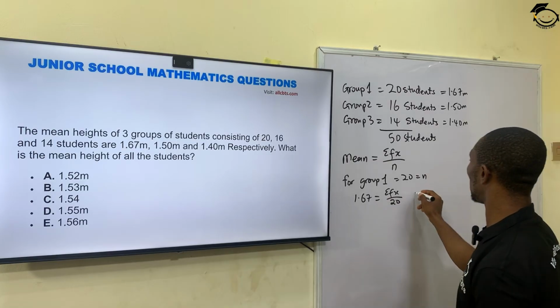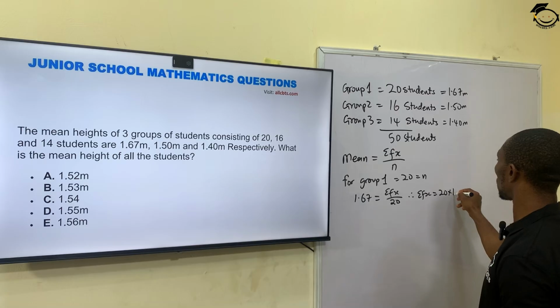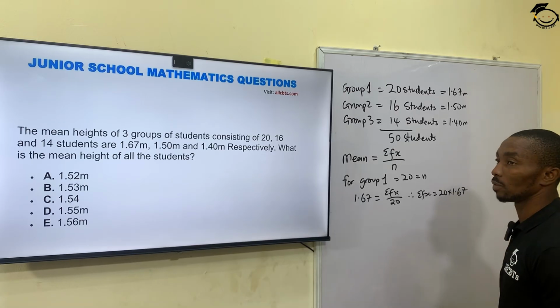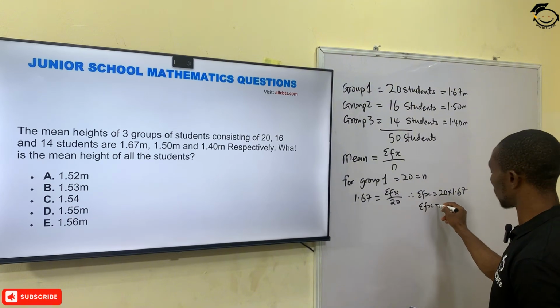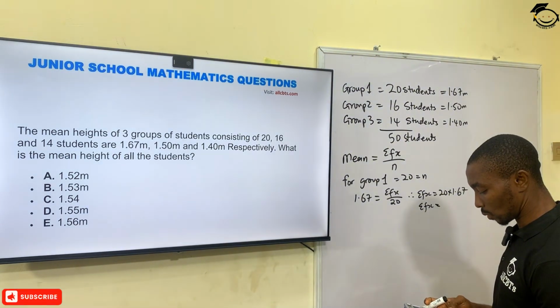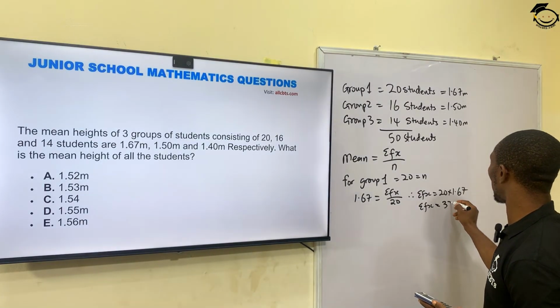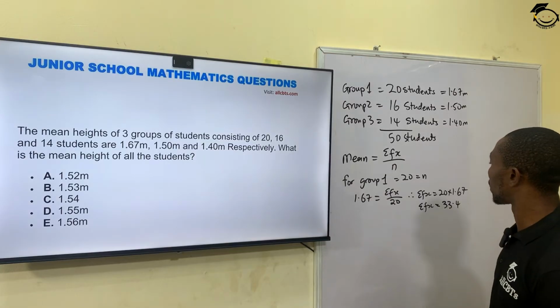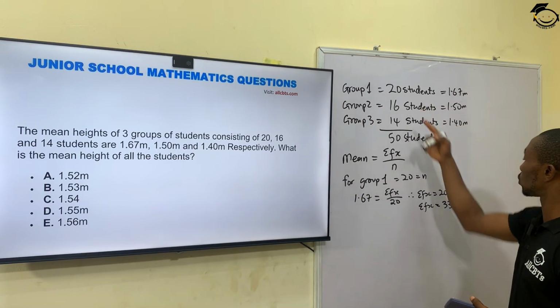So for us to find our Efx, it equals 20 times 1.67, which would give us 33.4. All right, so that's the summation of all the heights of 20 students in group 1.